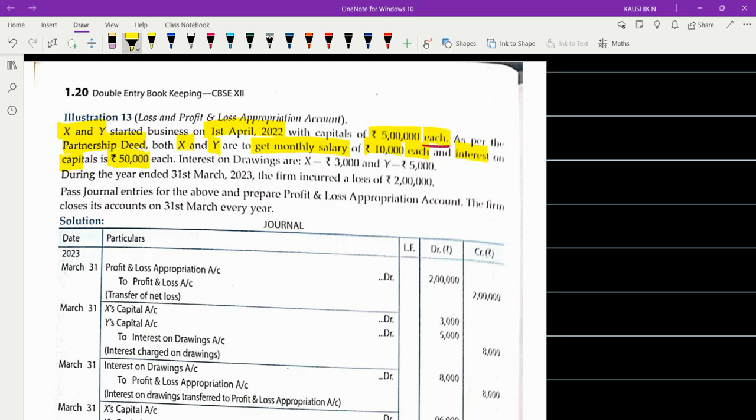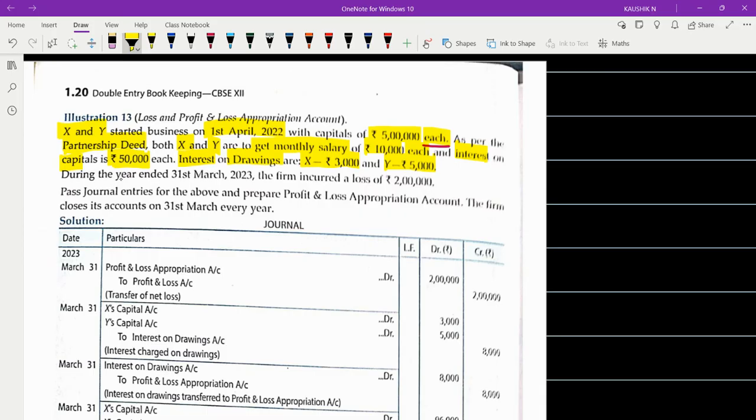So they are eligible to get interest on their capital, which is 50,000. They are not asking you to calculate the interest on capital; they themselves have provided what interest they have to receive. Interest on drawings is also provided: for X it is 3,000 rupees, for Y it is 5,000 rupees.